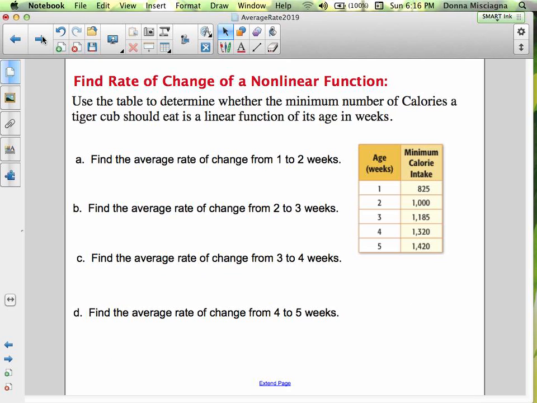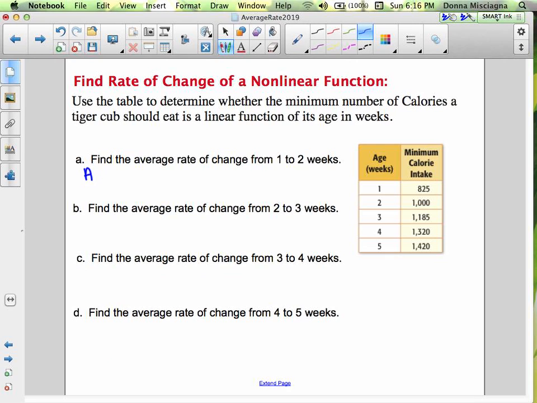Now use the table to determine whether the minimum number of calories a tiger cub should eat is a linear function of its age in weeks. So we want to find the average rate of change from 1 to 2 weeks.